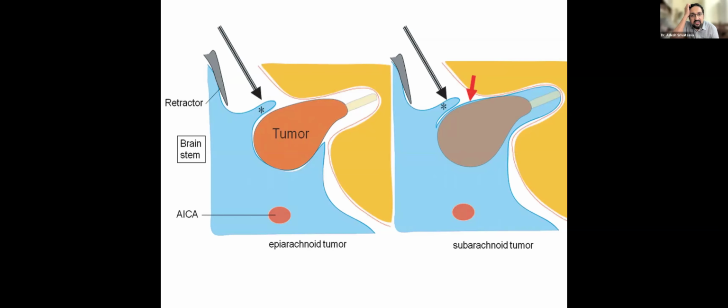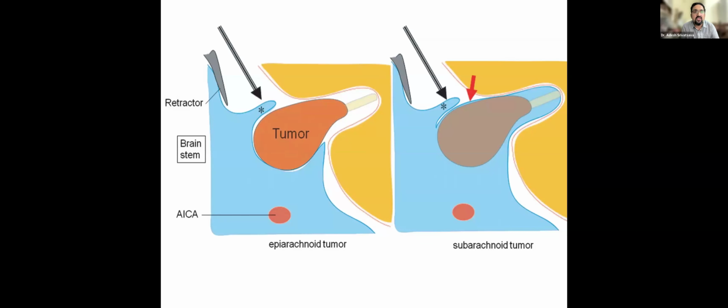So that fine dissection and peeling off of the arachnoid membrane is one of the most important things to do. Obviously, as we have all learned, one has to do enough decompression of the tumor intraoperatively before that can be attempted.